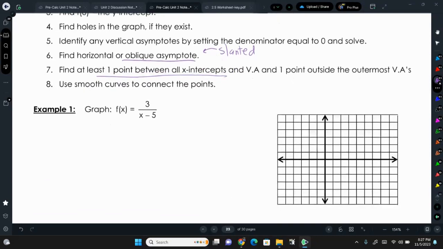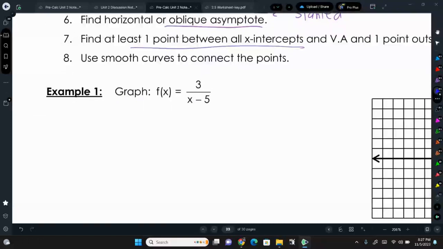So our first example here, we're going to graph f of x equals 3 over x minus 5. So the first step, we said we're going to factor the numerator and denominator. It's already factored. So then our x-intercepts, we set the numerator to 0. So 3 equals 0.